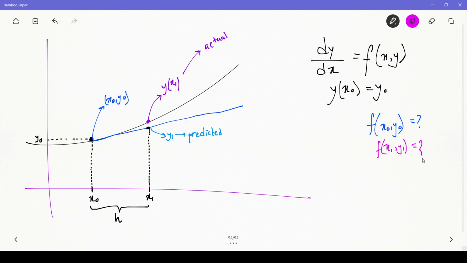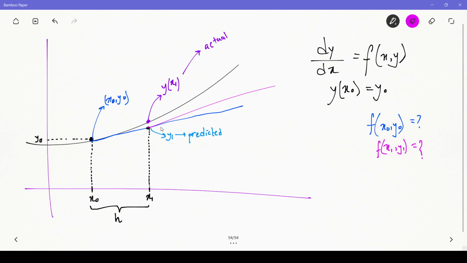So whatever value this function will give me after plugging in the value of x1 and y1, because I know the value of x1 and y1 now, it will give me a different slope, right? So it should look something like, say, this. I'm very bad at drawing straight lines using the mouse. Something like, say, this. Fine.